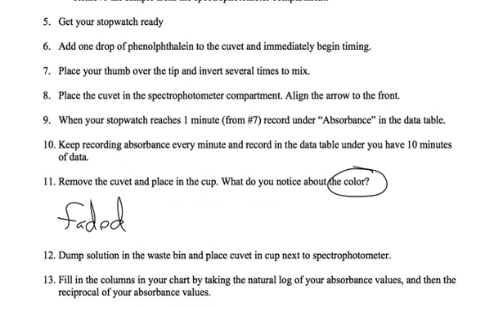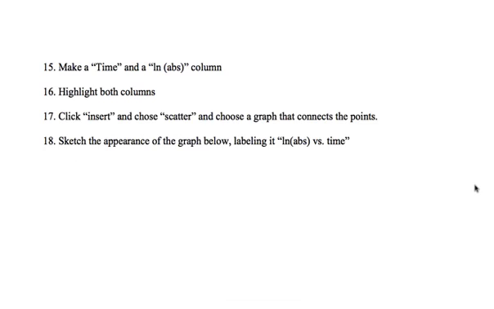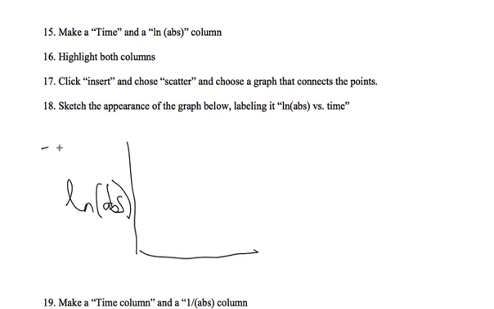Let's go back over here and open up Microsoft Excel. When you did this graph, you took the natural log of the absorbance, and notice when we put absorbance in there, it's the same thing as saying the molarity, the concentration, because absorbance is directly proportional to concentration.